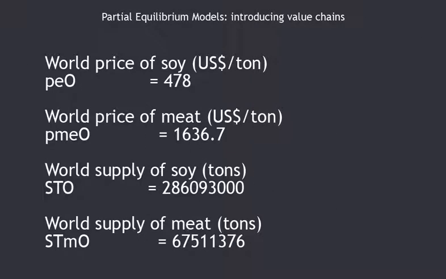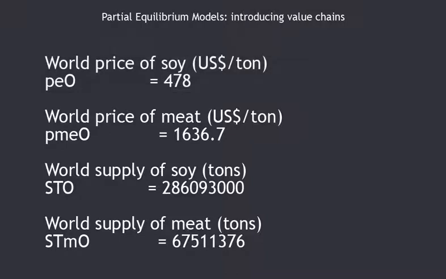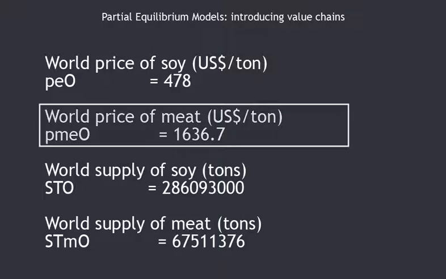So you still need some data before running the model. The world price of soy is $478 per ton. The world price of meat is $1,636.7 per ton.